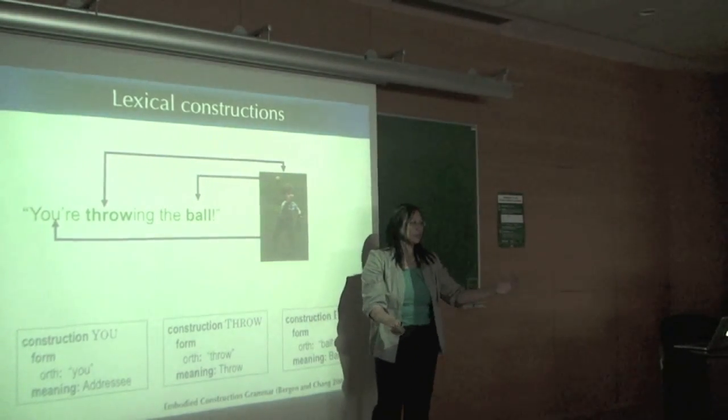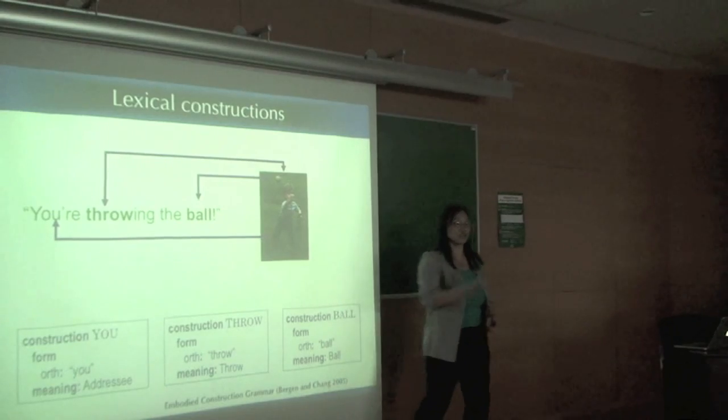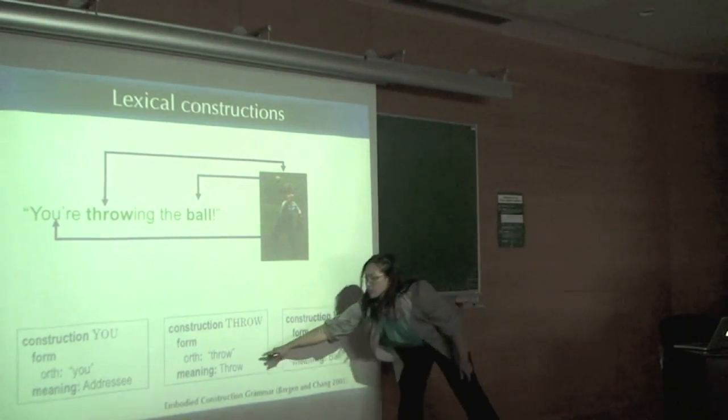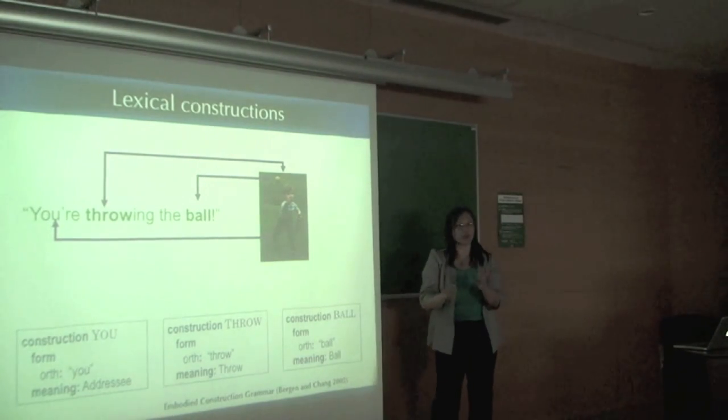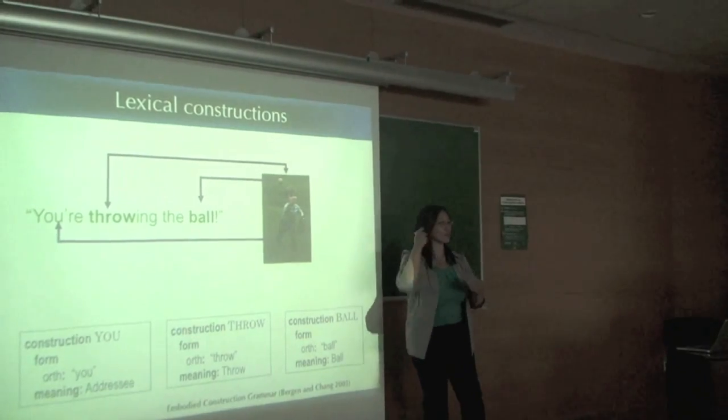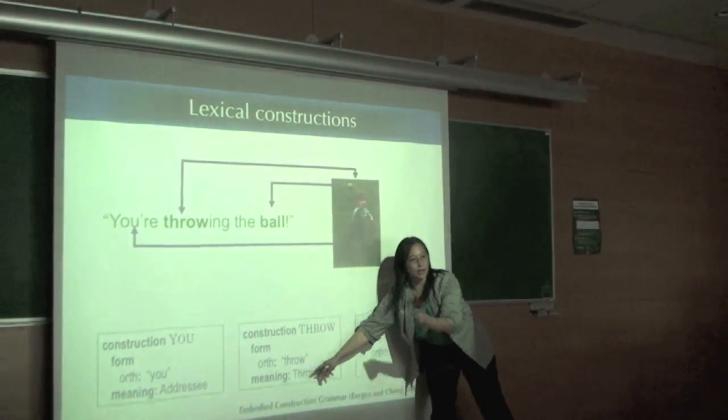You know that an addressee is someone who's listening to you, right? You guys are my addressee right now. Throwing is this action of throw, and when I write this, meaning throw, that means somewhere I know a lot about throwing, involving arms and force and all those things, and this is just a pointer to it.